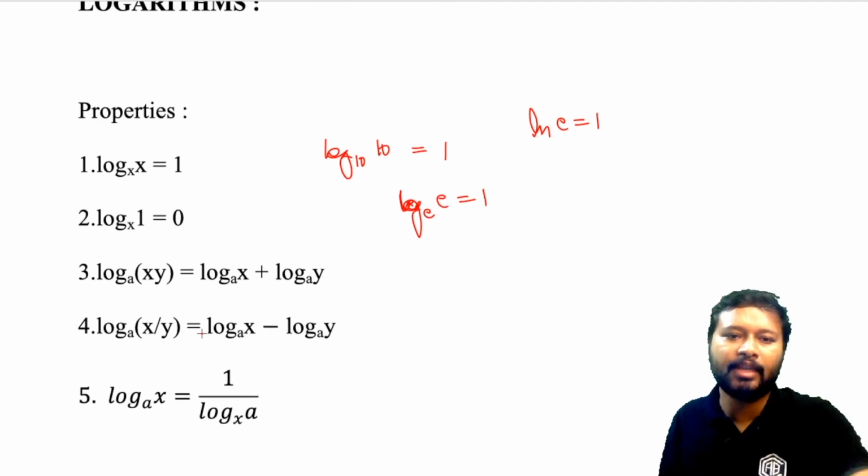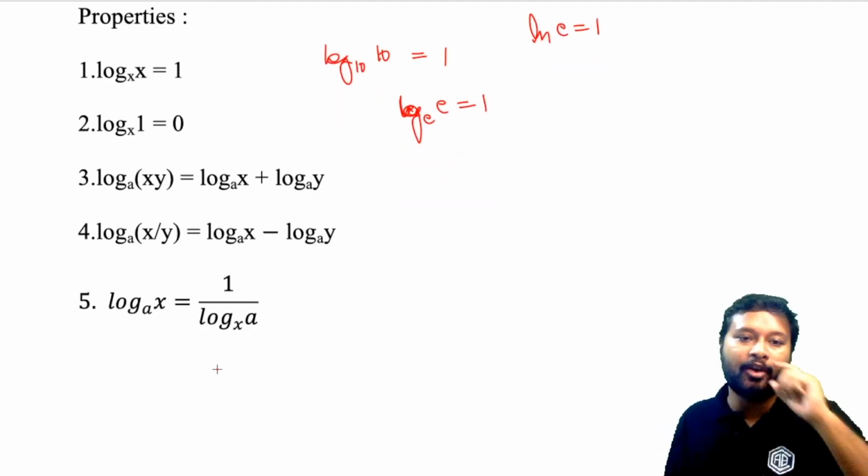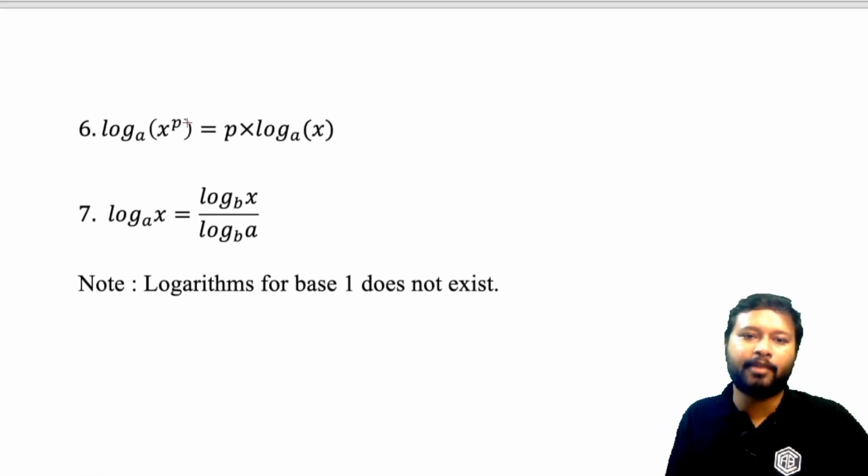Okay. If you have log x into y, it is log x plus log y. If you have log x upon y, it can be written as log x minus log y. If you have log base a of x, it can be written as 1 upon log base x of a. Okay, so this is called the base changing formula. Then if you have log x to the power p, it will be written as p log x.